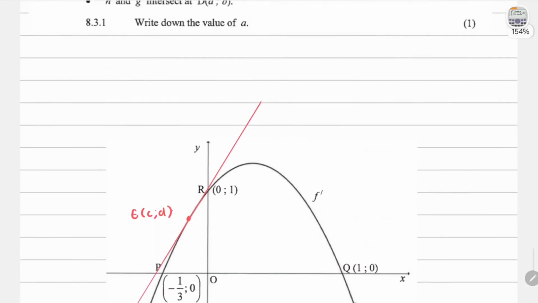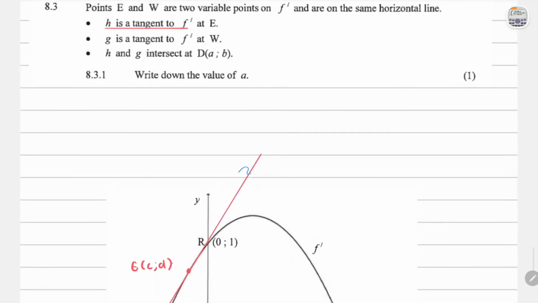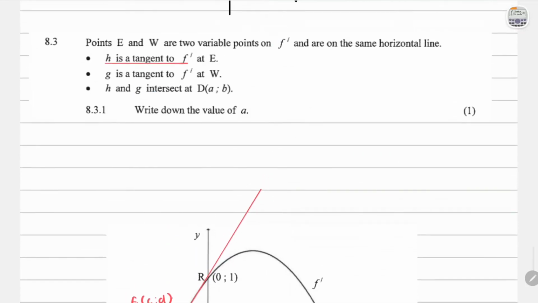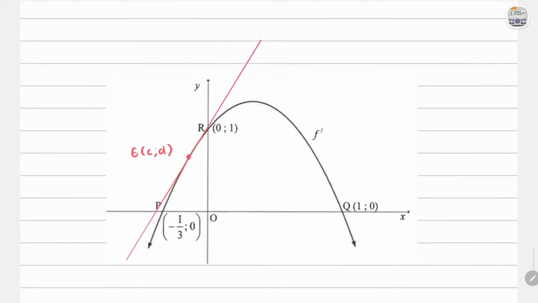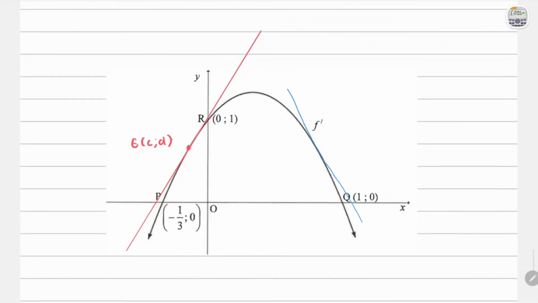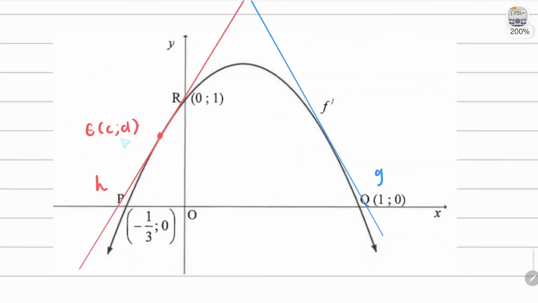But the thing is that these points that they intersect at, these tangents, they lie on the same horizontal line. So then we have another tangent intersecting again at another variable point. Okay, so this is the graph of G. Again, it's going to intersect here and they're on the same horizontal line.